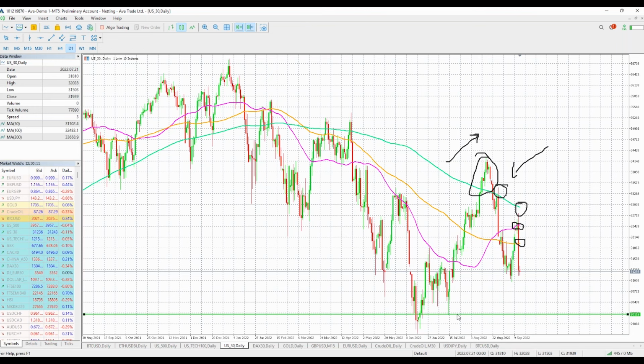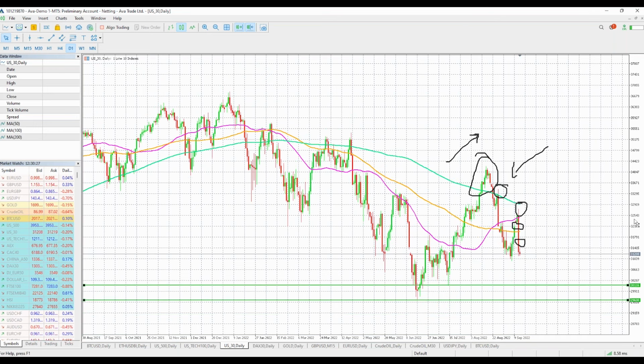So I will be focusing on this level over here and then extending that level to here. So only one level to look at, that is 29,600 to 30,116. I know that this is a bit of a bigger level to stomach, but that is the level that we'll be very much looking at.